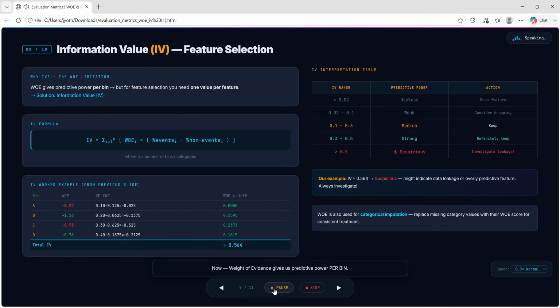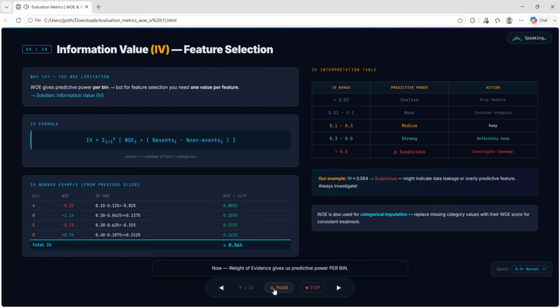Bin A, WOE is negative 0.22, difference is negative 0.025. Product, 0.0055. Bin B, WOE is positive 1.16, difference is plus 0.1375. Product, 0.1595.